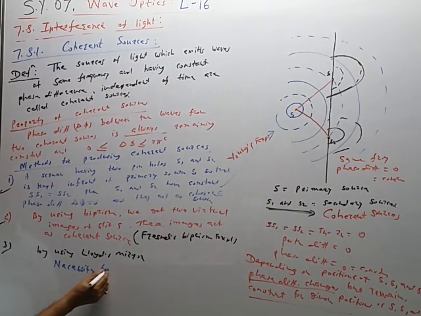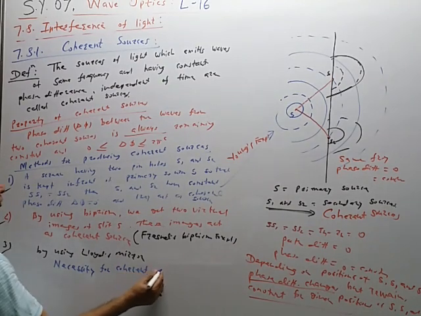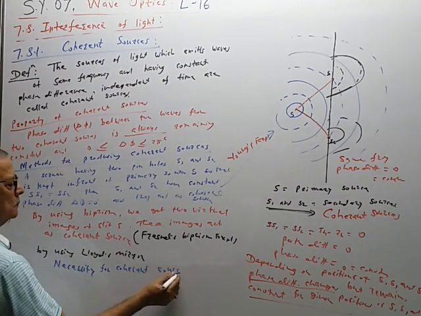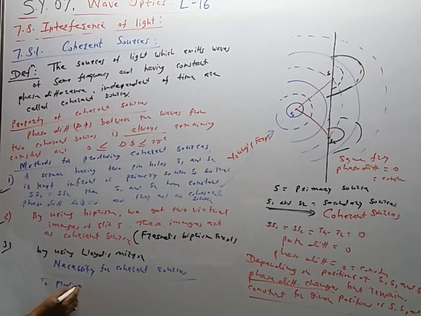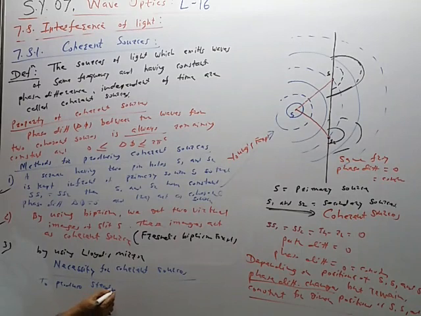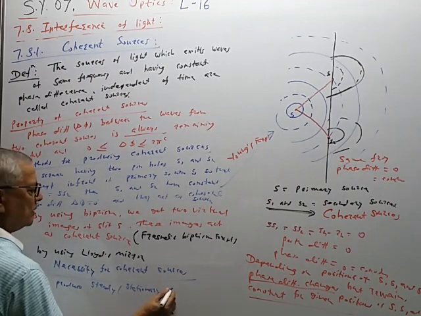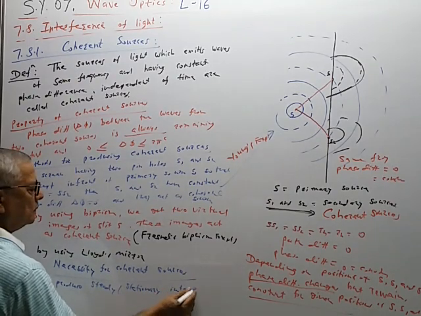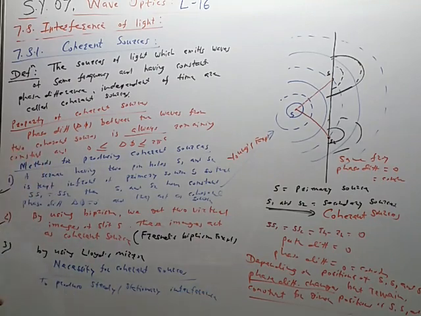Necessity for coherent sources: in one sentence, you can say, to produce stationary interference, we require the coherent sources.